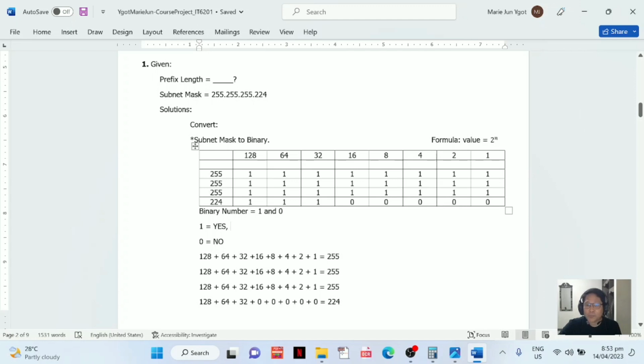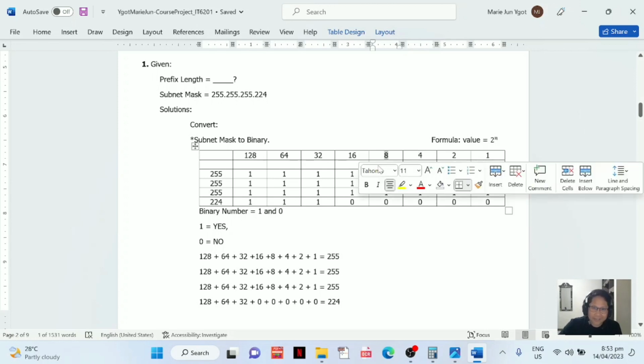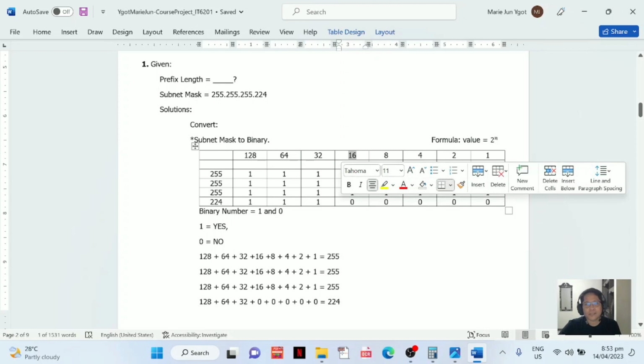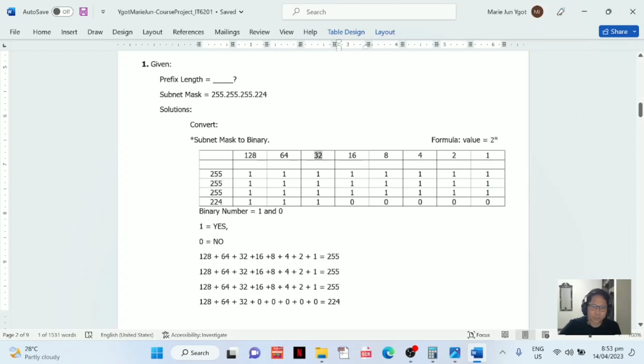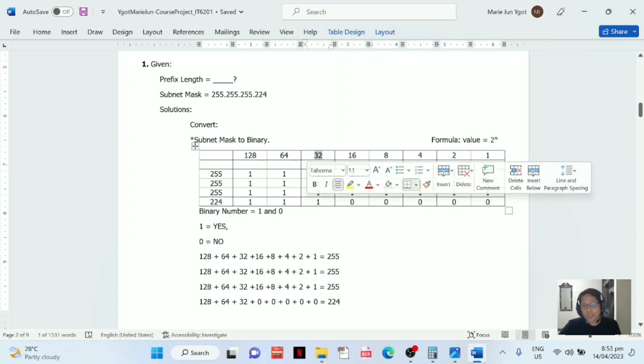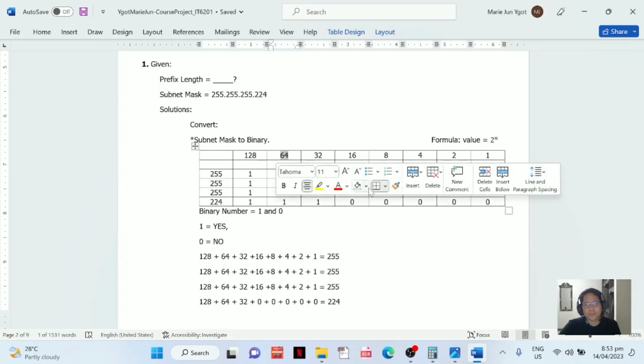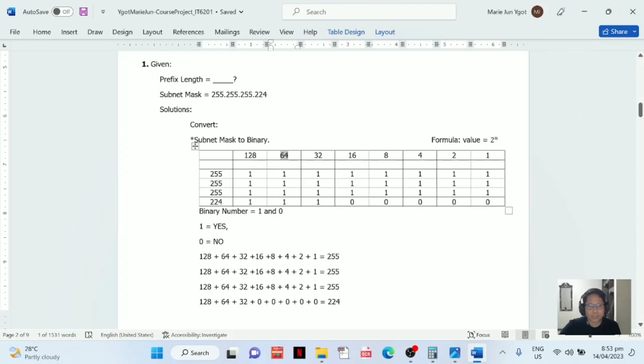Then 2 plus 2 makes 4, then 4 plus 4 is 8, 8 plus 8 is 16, 16 plus 16 is 32, 32 plus 32 is 64, and 64 plus 64 is 128. So it's the same.